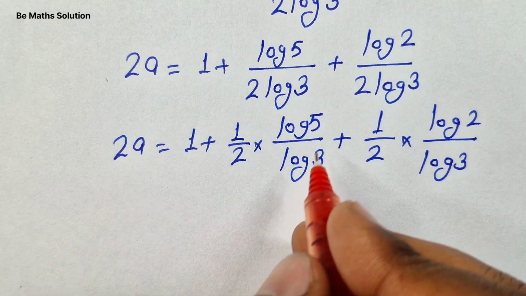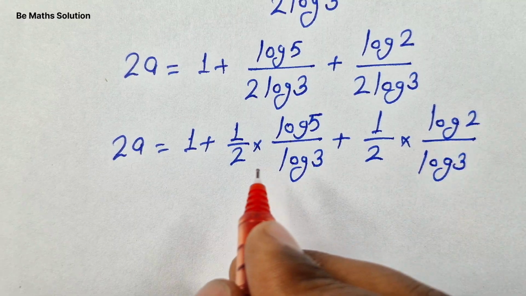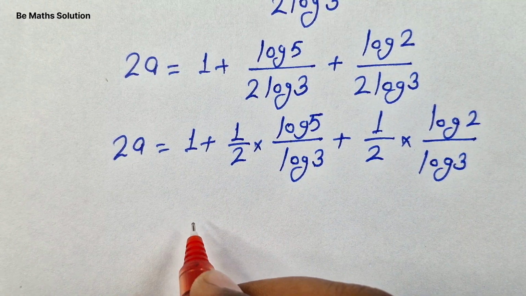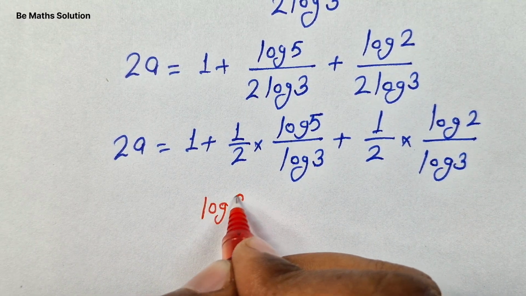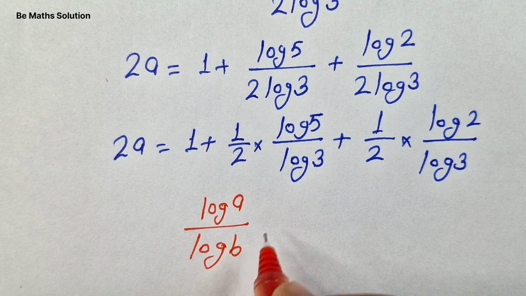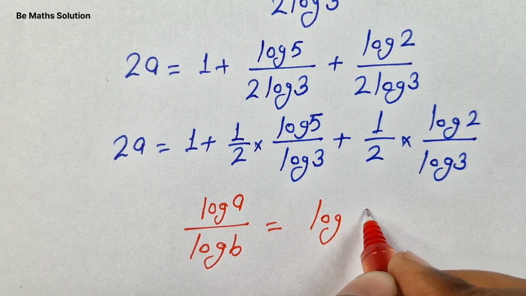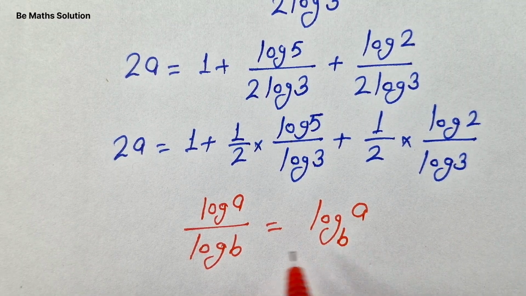From this here and this here, we apply the rule log of a over log of b is equal to log of a base b.